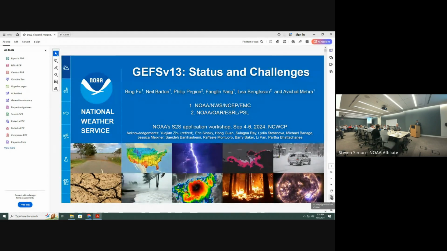They may also be talking about the current use of the previous version, the existing operational version, GEFSv12. And we will also touch upon some of the challenges and other issues in our GEFS development, which should get addressed with the future version, which is GEFSv14.